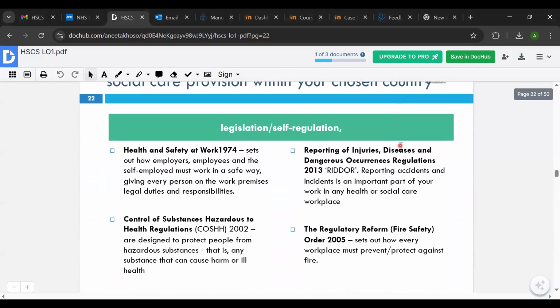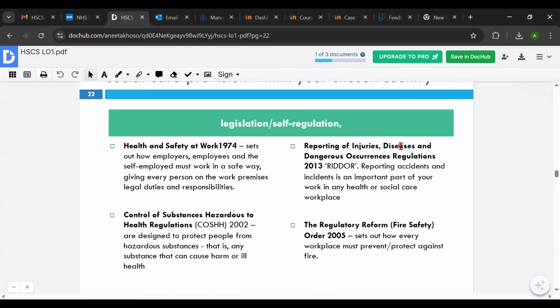And then there's the Health and Safety at Work Act 1974, which sets out how employers, employees and self-employed people must work in a safe way as much as possible. It gives every person on work premises legal duties and responsibilities. Then there's the Control of Substances Hazardous to Health Regulations 2002, designed to protect people from hazardous substances, any substance that can cause harm or ill health.